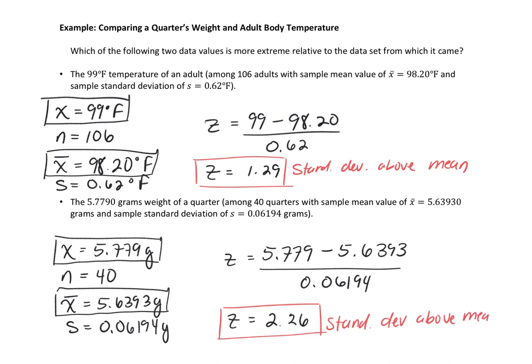So this tells us that a quarter that has a weight of 5.779 is a more extreme value than a body temperature of 99 degrees Fahrenheit because it is 2.26 standard deviations above the mean. So that means it's further away from the sample mean compared to that body temperature.